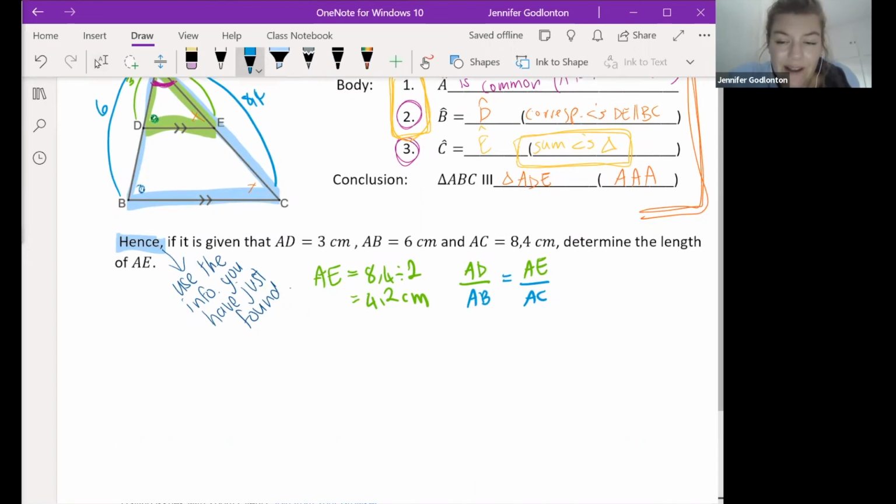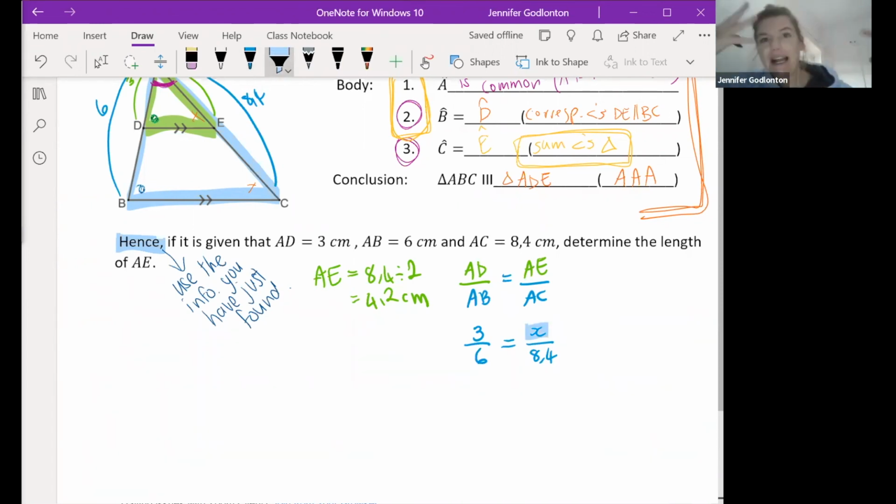So I'm now going to fill in those values. AD is 3, AB is 6, AE we don't know, so I'm going to write it as X, and AC is 8,4. Okay. This is where we get to do something quite cool. If I'm looking for X, I'm going to ask some questions here.